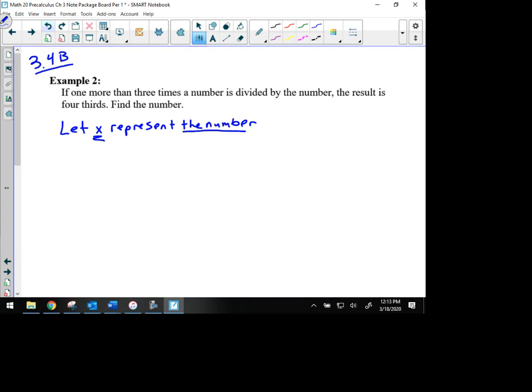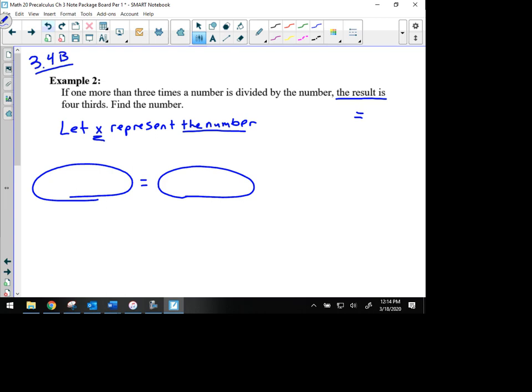And in this question we see that it actually says the result is. So right here, this is our equal sign.